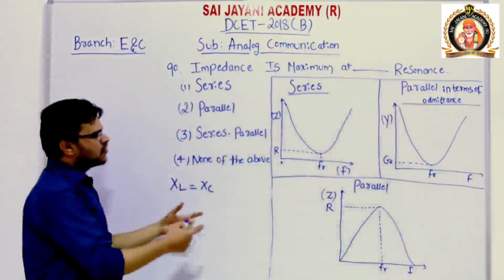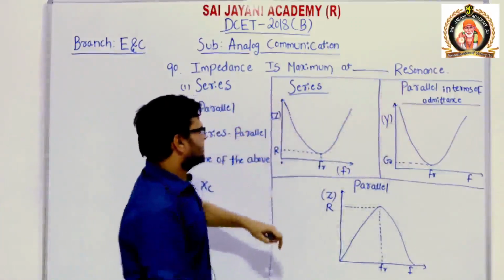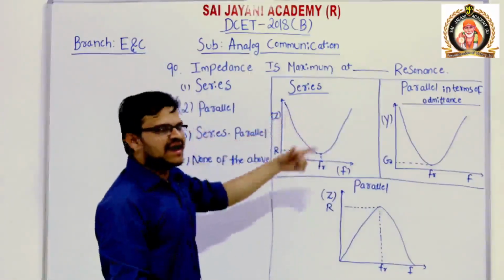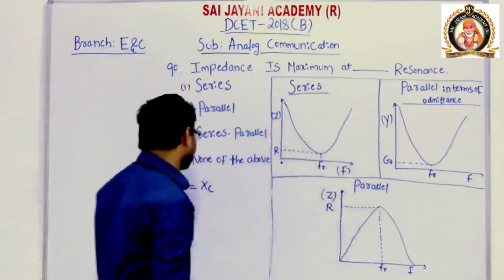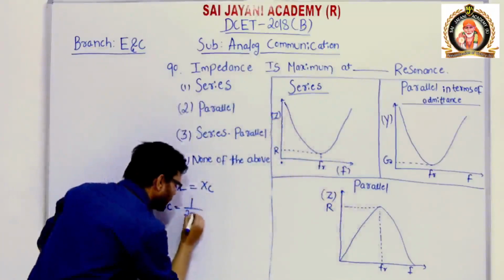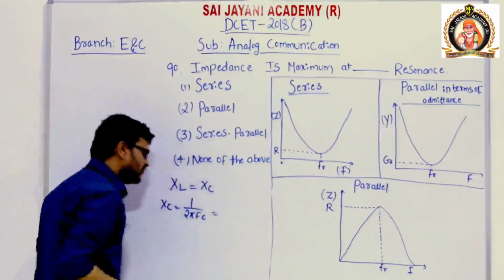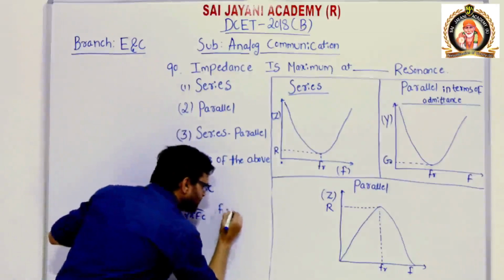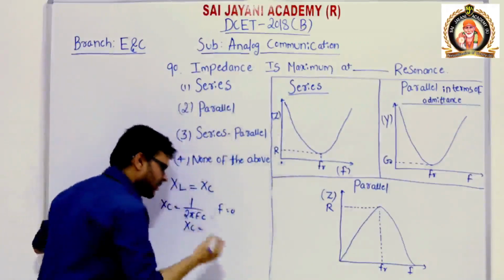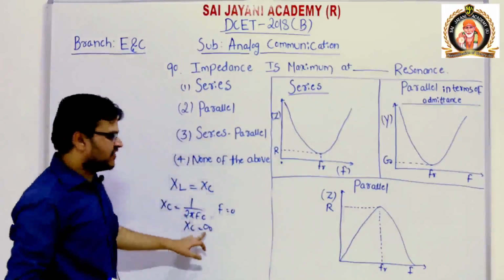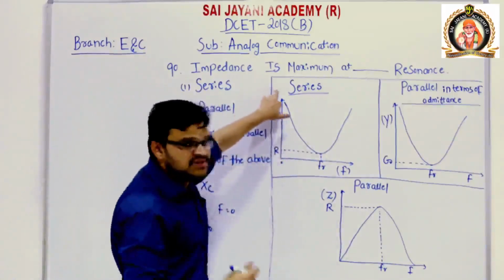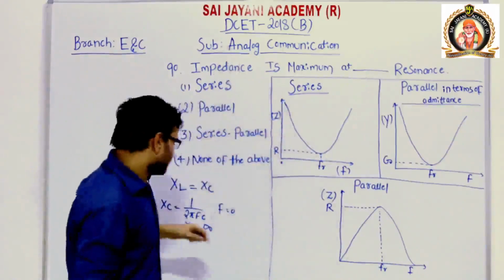This can be solved by using the graph, that is the graph of impedance versus frequency for the series circuit, as shown in this figure. We all know XC is equal to 1 divided by 2 pi FC. If we put frequency equal to 0, that means at F is equal to 0, the capacitive reactance becomes infinity, that means very high.